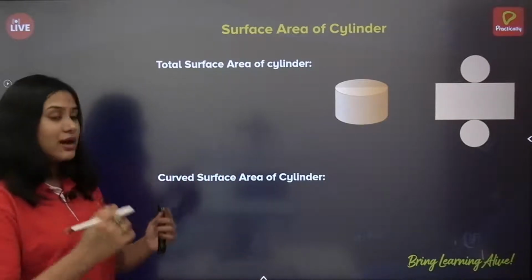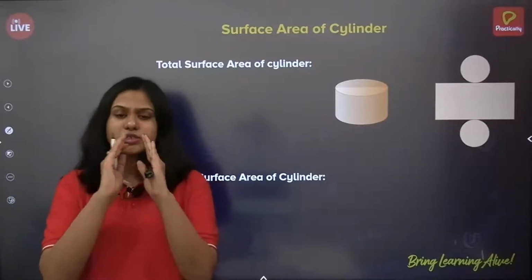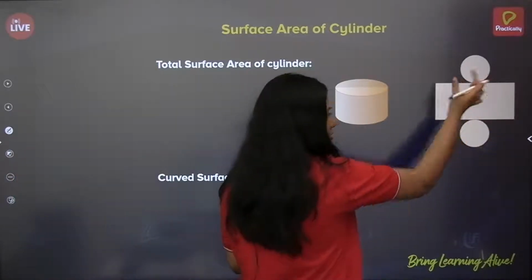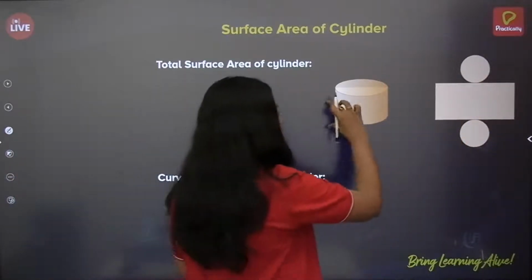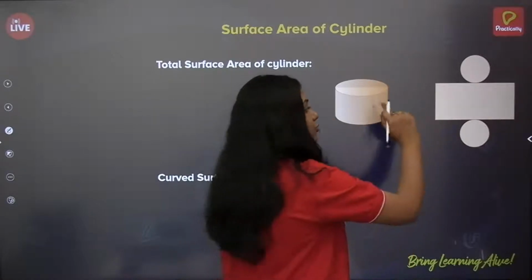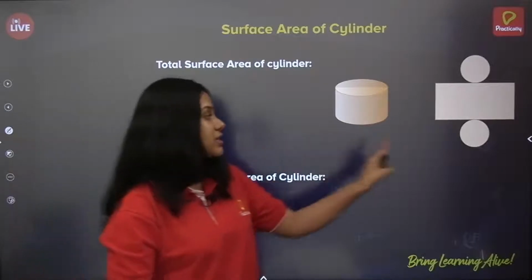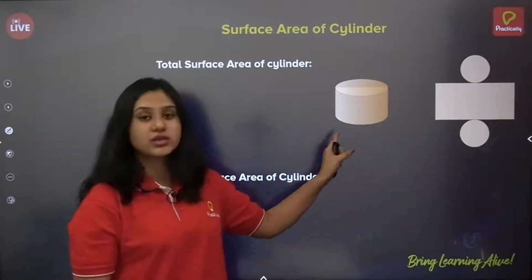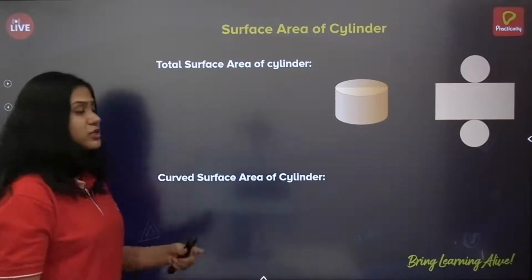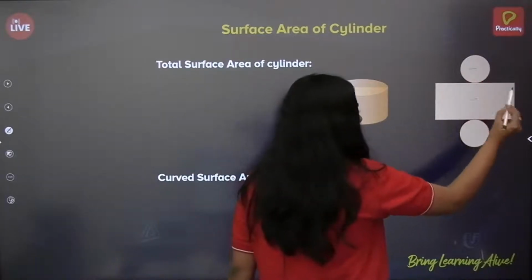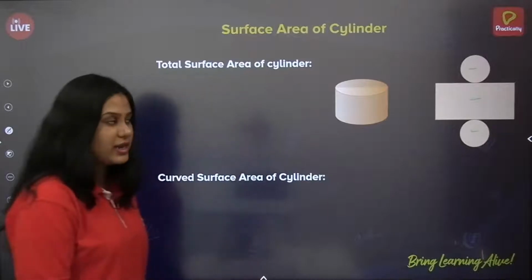So, what do we have to do? When we open it, just imagine when you open it, the top and bottom will be circles, right? And the middle portion, when you open it, would turn into a rectangle, right? So this is the net of the solid figure cylinder. Now what would be the total surface area of cylinder? Area of this plus area of this plus area of this, correct?